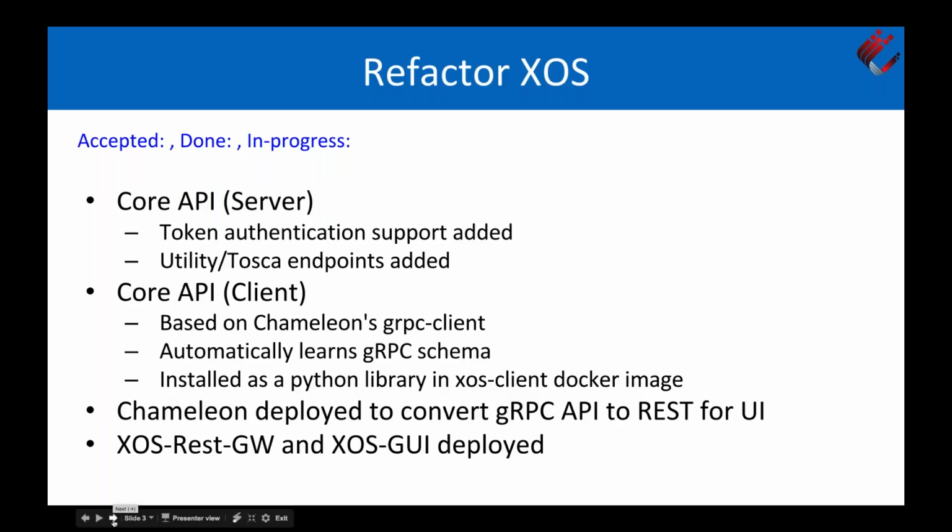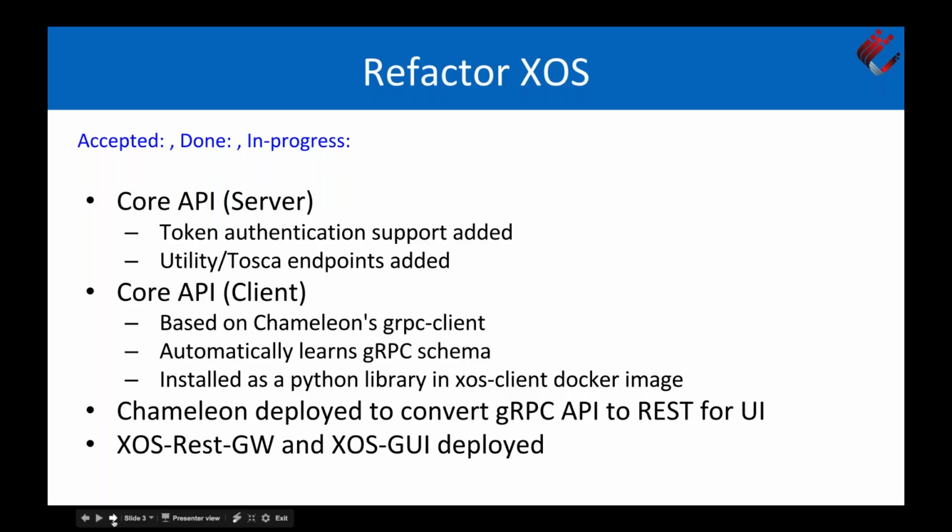We've developed a core API client. It's based on Chameleon's gRPC client, so it's able to automatically learn the schema by querying the server. It's built as a Python library and installs using the traditional Python setup.py so that any component that needs to talk to XOS can simply install that library and then use it.